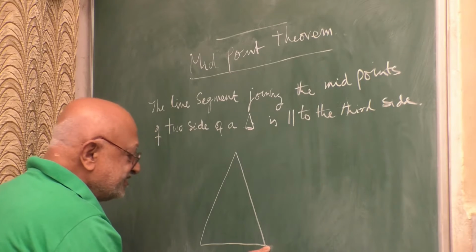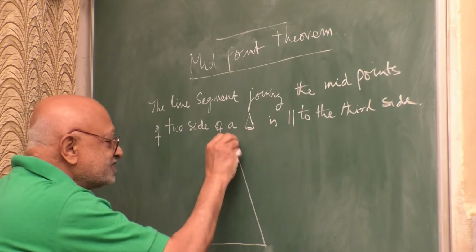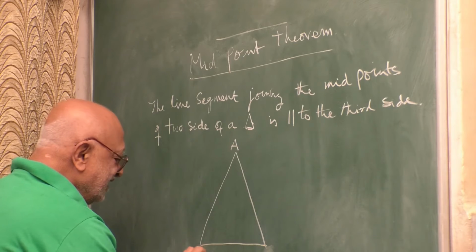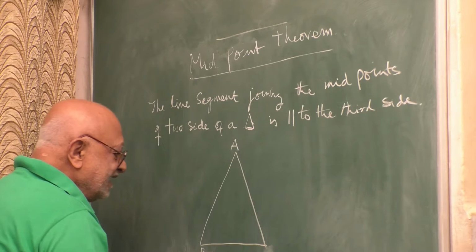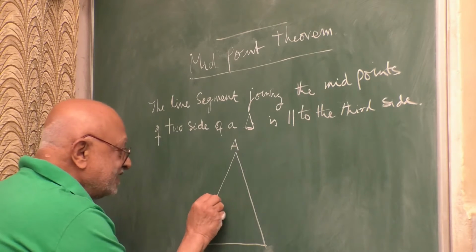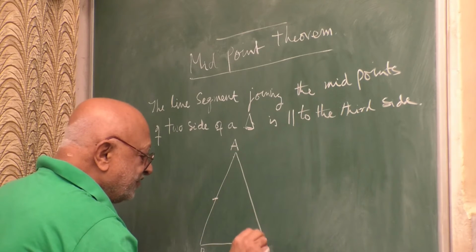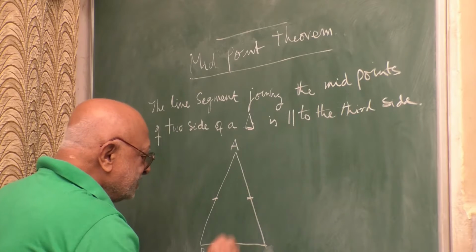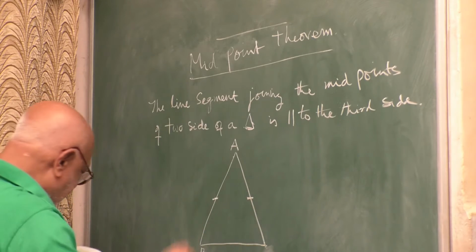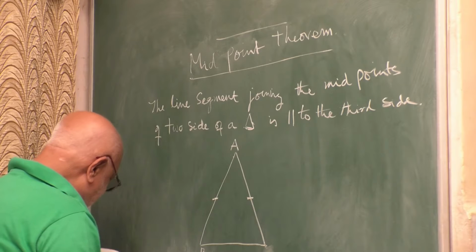Okay, so let this be a triangle and let us call it A, B and C, and let us find out the midpoints. Midpoint of AB, let us say this, and midpoint of AC, let us say this.